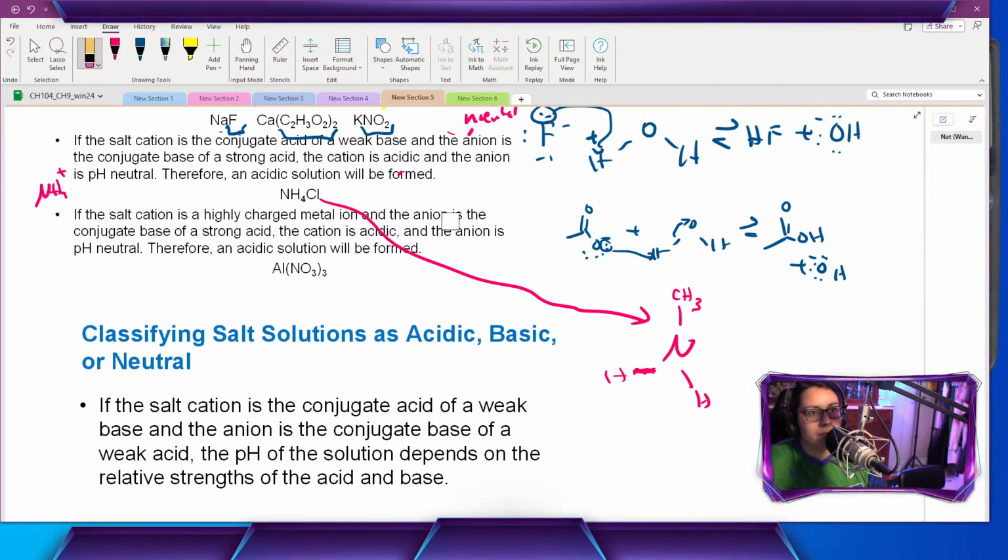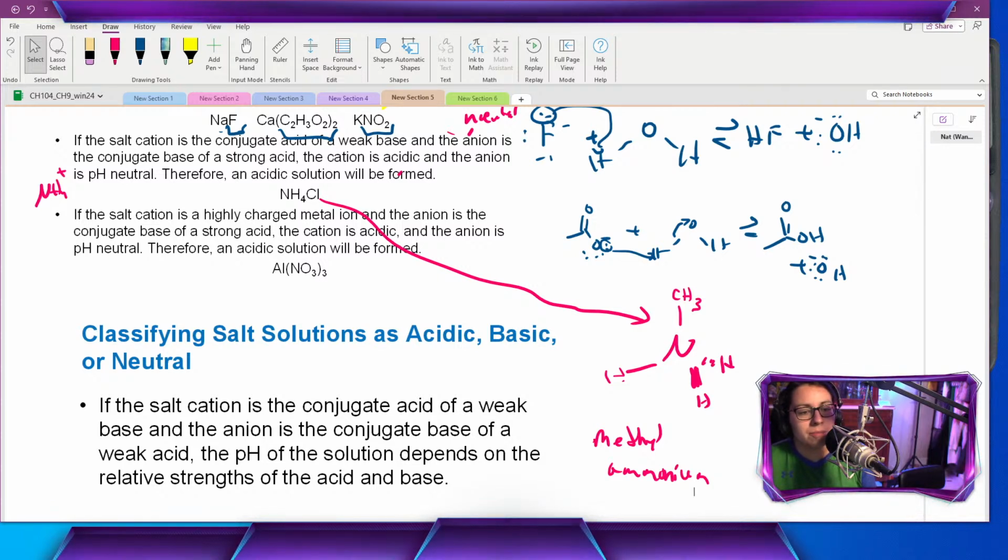Let me try that again. Plane of the board, out of the plane of the board, behind the plane of the board. There we go. So I'll write it out: methyl ammonium. But right, getting the hint, it has to be probably some sort of amine. Those are your typical base salts that you're going to see. That's what I'm trying to emphasize: not a lot of possibilities.